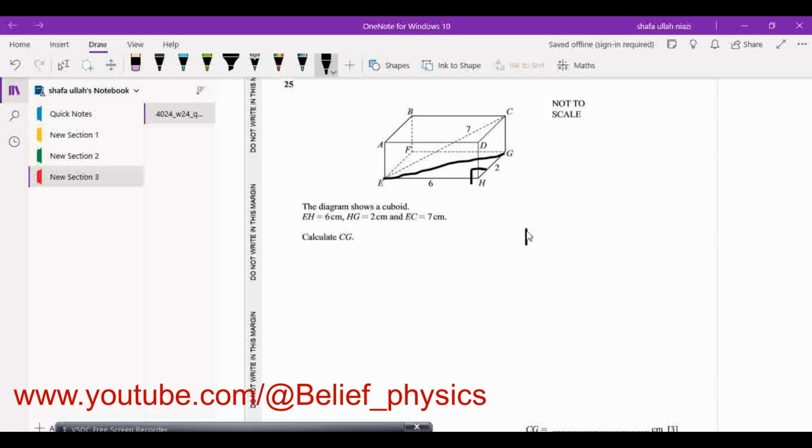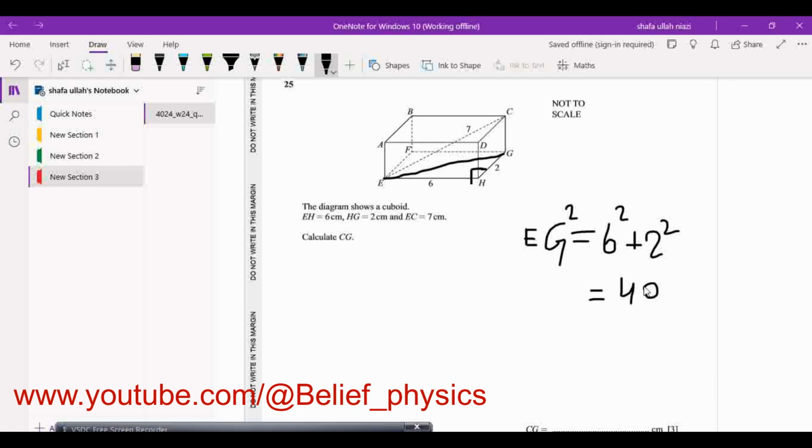So EG square is equal to 6 square plus 2 square. 6 square is 36, 2 square is 4. So this comes out to be 40. Leave it as it is, 40.